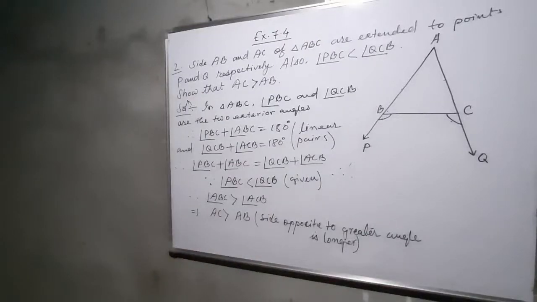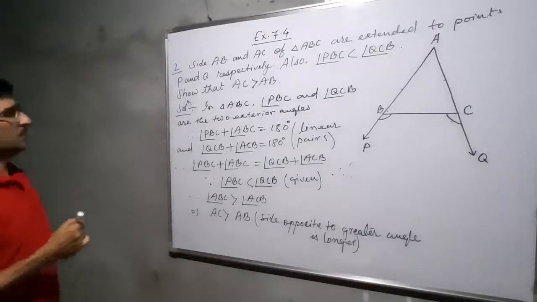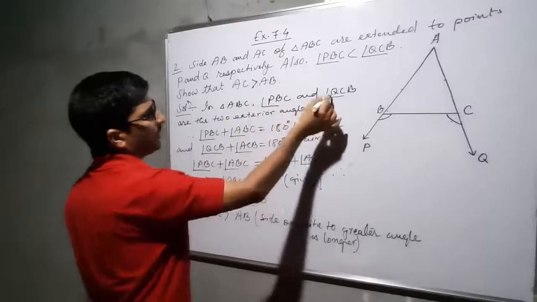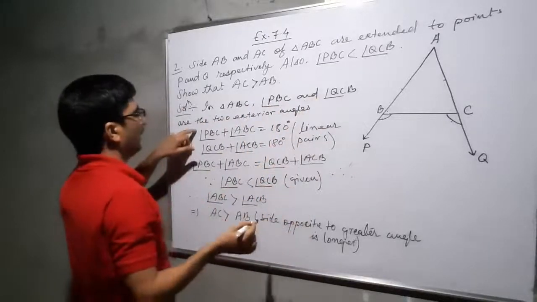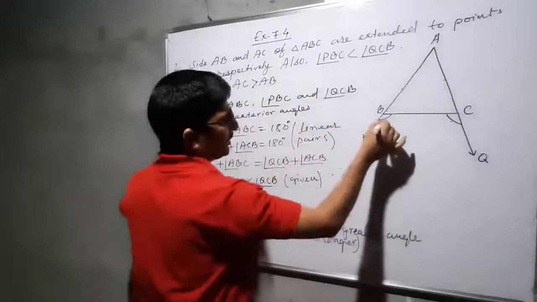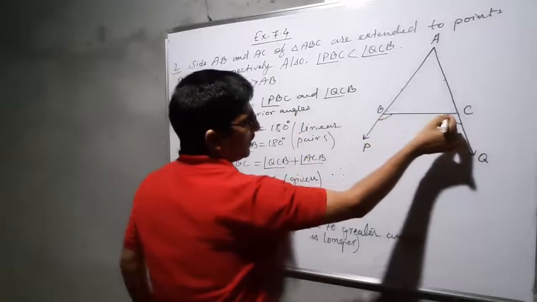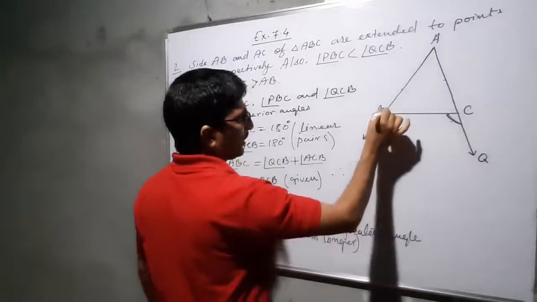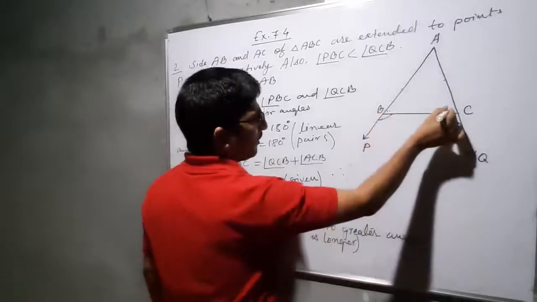So the solution of this question: in triangle ABC, angle PBC and angle QCB are two exterior angles. They are linear pairs, so this angle plus this one is 180, this one plus this one is 180.